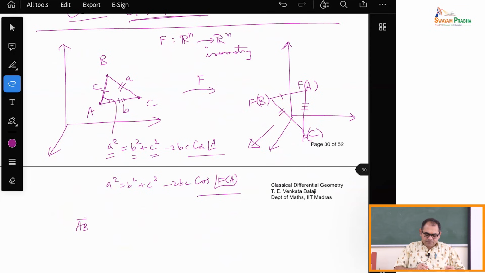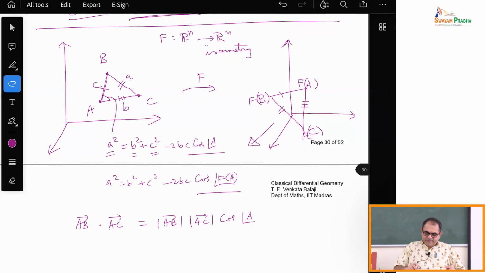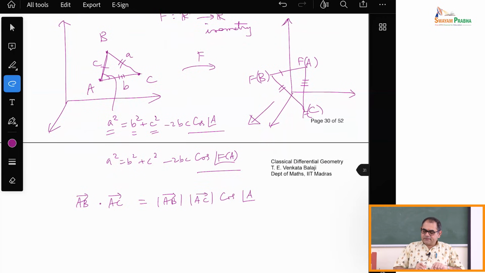So basically you have AB vector dot AC vector is equal to norm AB norm AC into cosine of angle A, right? And on this side you will get this. On the other side, what are you going to get?